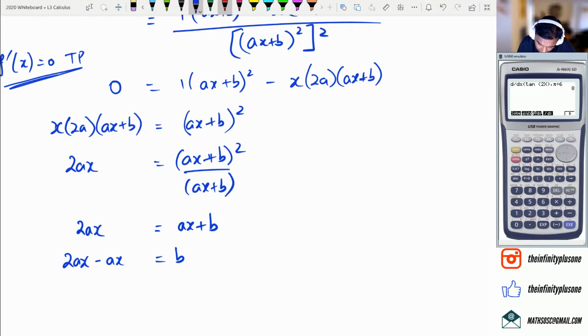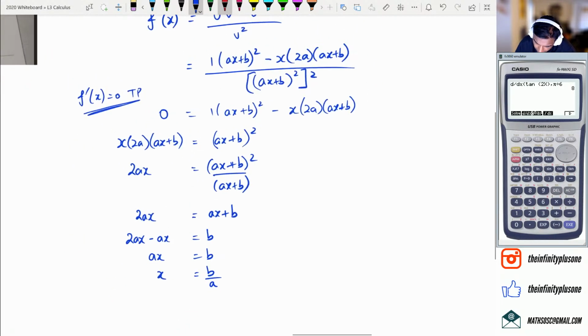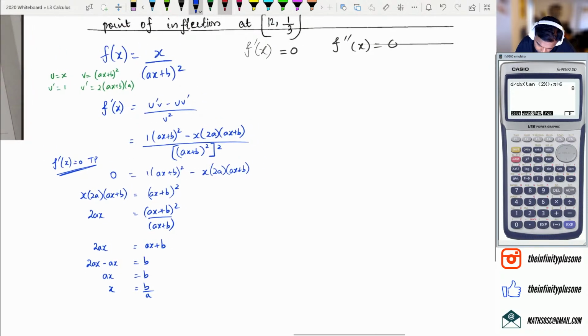In this case, ax is equal to b, and so we can say x is equal to b over a. So what does that tell us? The turning point happens when x is equal to b over a.